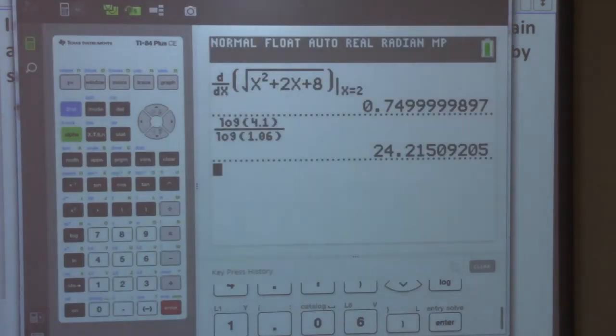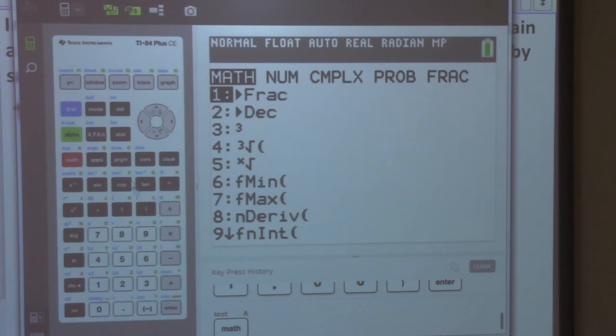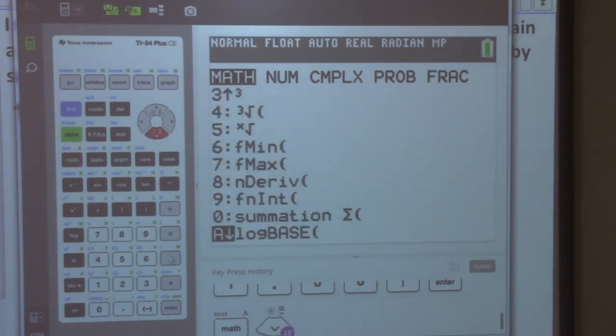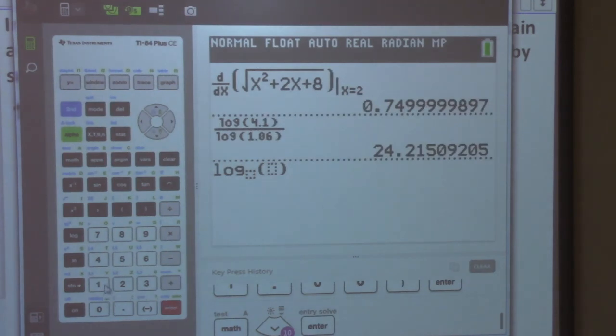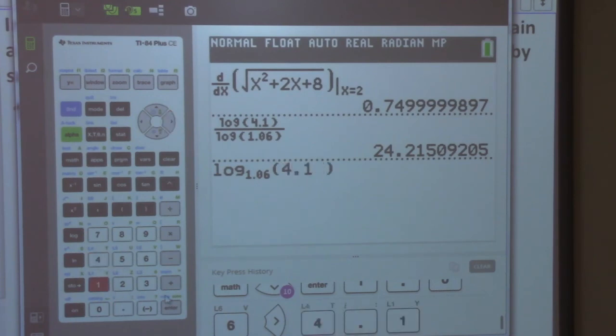Log base 1.06 of 4.1. Please be the same thing. Oh, it is.